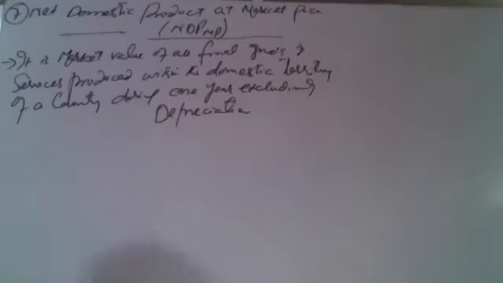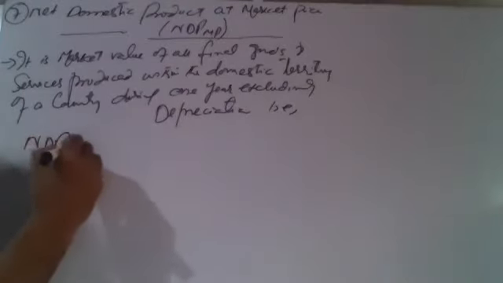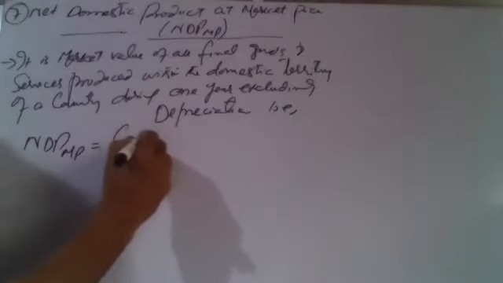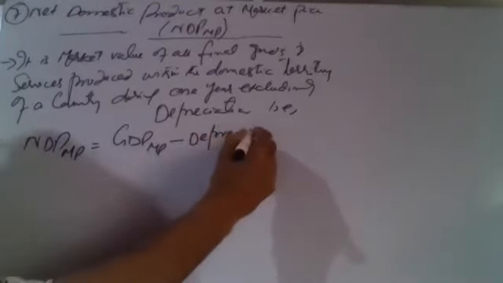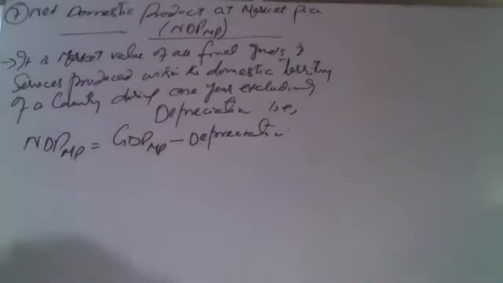So when we exclude depreciation from gross domestic product at market price, we get net domestic product at market price. That is, net domestic product at market price is equal to gross domestic product at market price minus depreciation. So every product and service produced within the domestic territory during 1 year, excluding depreciation, becomes the net domestic product.